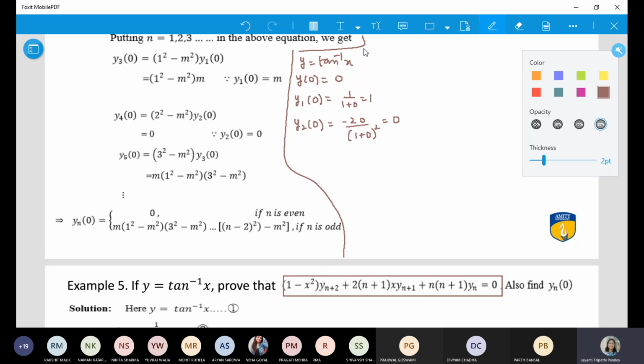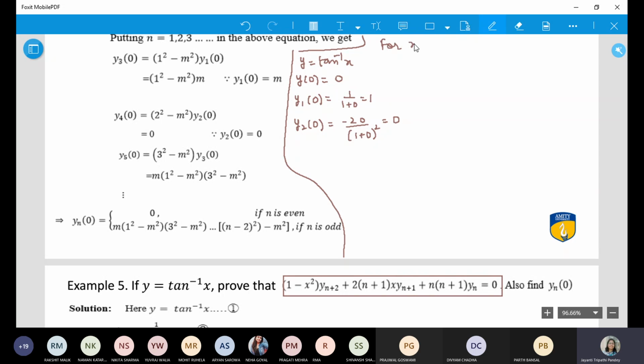So first of all, I'll try to get the relation when x is 0. For x equal to 0, if I mark this as equation 3, it becomes yn plus 2 0, because when you put x equals 0, it is 1 only. This part will disappear, plus n into n plus 1, yn0 equals 0.